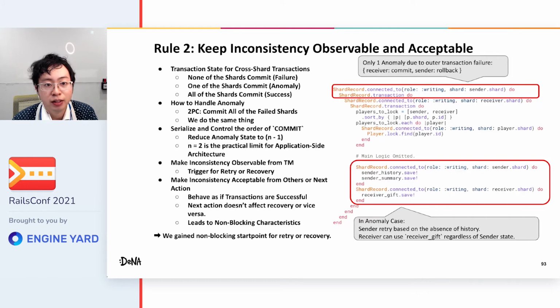The absence of history is observable, and the sender can retry based on that. Also, the receiver gift would be saved in the anomaly case, and the receiver can use the receiver gift regardless of the sender's transaction. By this observable and acceptable inconsistency, we have gained a non-blocking start point for retry or recovery.